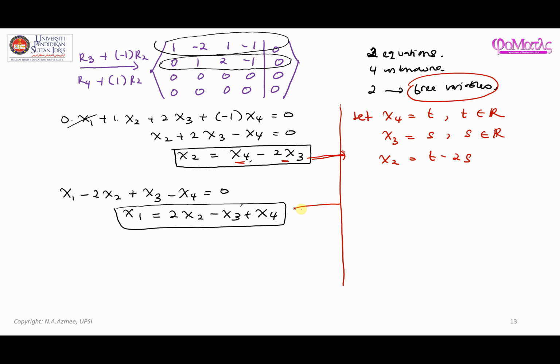And if you consider this equation here, we have x1 is equal to 2 times the value of x2, which is t minus 2s, minus x3, x3 is s, plus x4, x4 is equal to t.